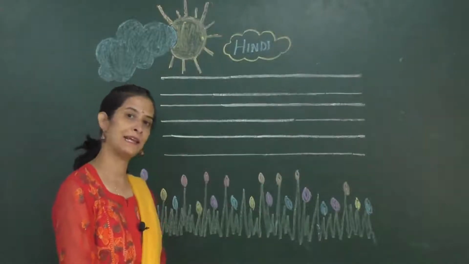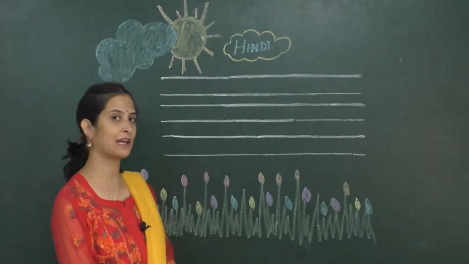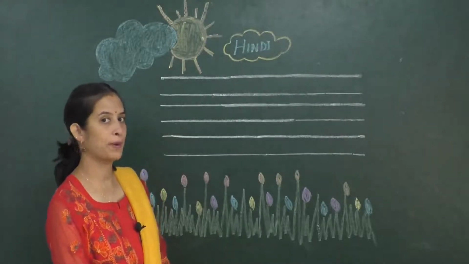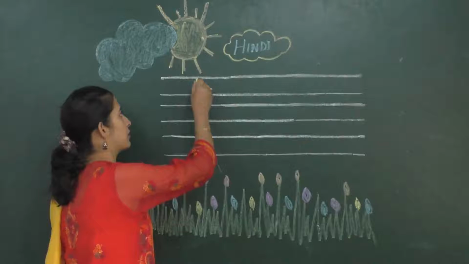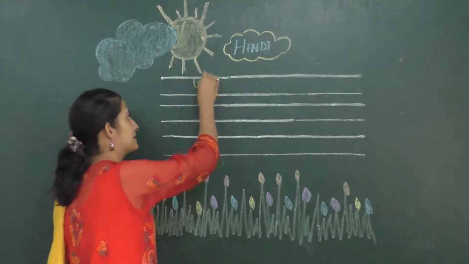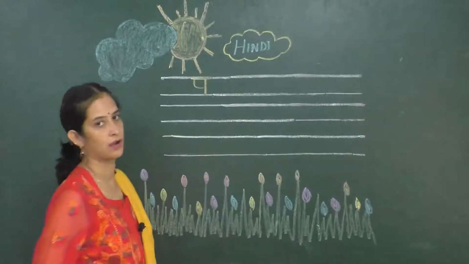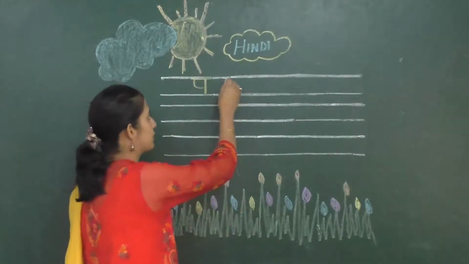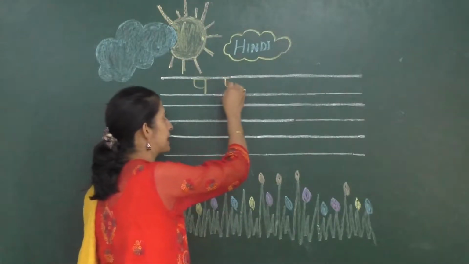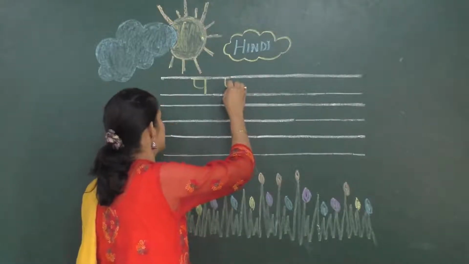Now children, let's see how to write the letters. So the first letter which we have learned is pa. So for writing pa, what we will do? We will make a curve like this, then a standing line and a sleeping line. Pa. Okay. Again, we'll make a curve or a J, that is like this.